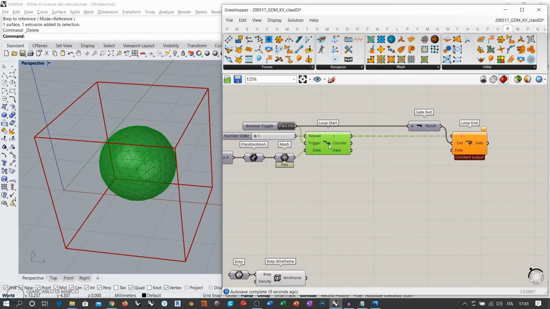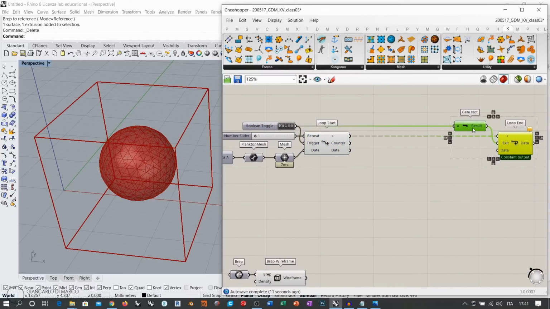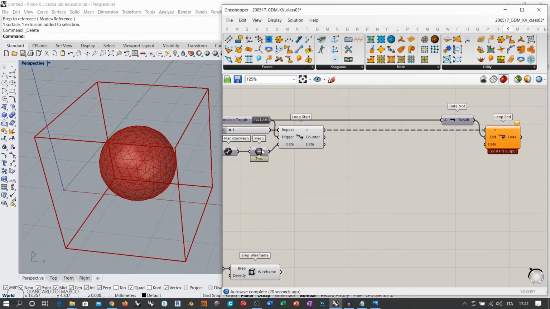So what I want to program inside this loop is, the reason why I need to convert this plankton mesh into a mesh here is that inside this loop I'm going to use Kangaroo to create the growth algorithm. And you know that Kangaroo only works with meshes, so I cannot work with plankton mesh.